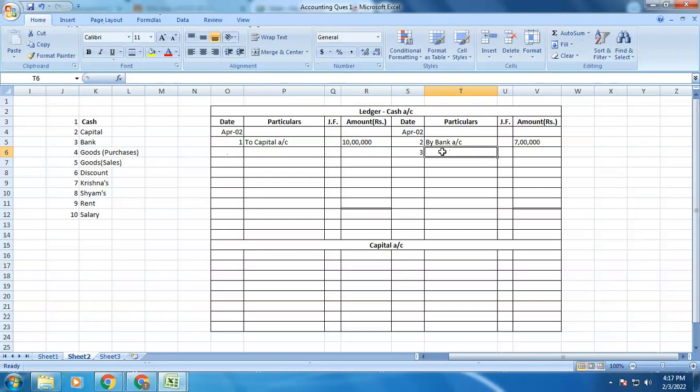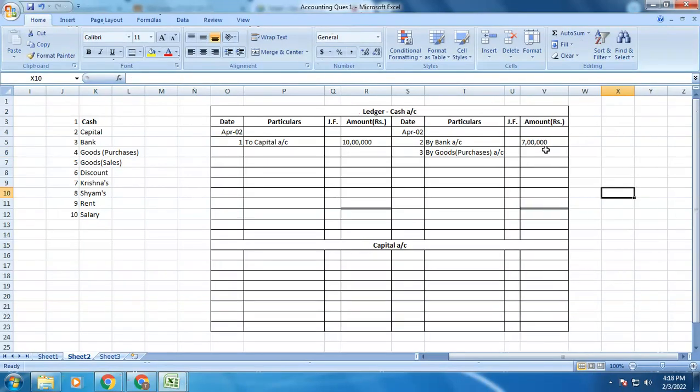So because cash is being credited, we say 'by' and we say goods purchases account. Okay. What is the value? 50,000, right? Yes, ma'am. Right?